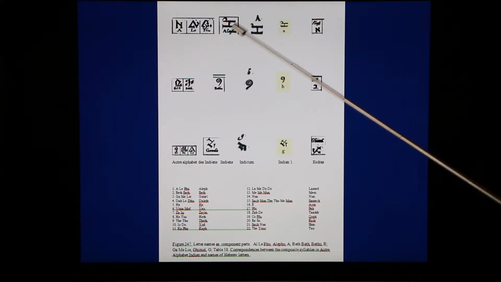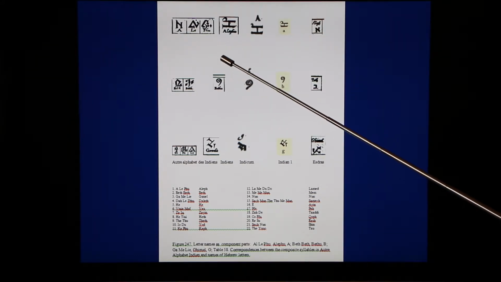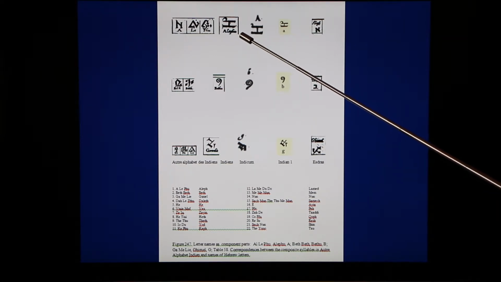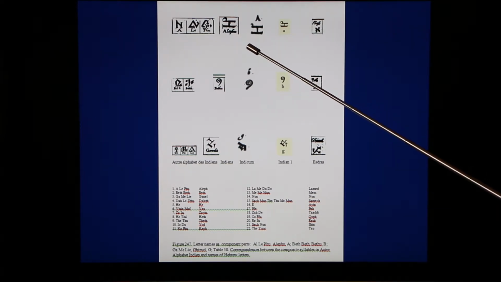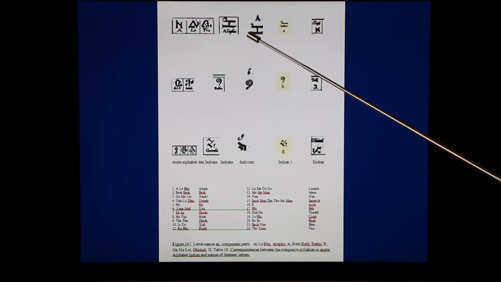But now, just for fun, I compare the alphabet. So the first letter in that 45 letter version is Alefu. Yes? Now in Indian 1, according to them, Alefu is written as one letter. Yes?